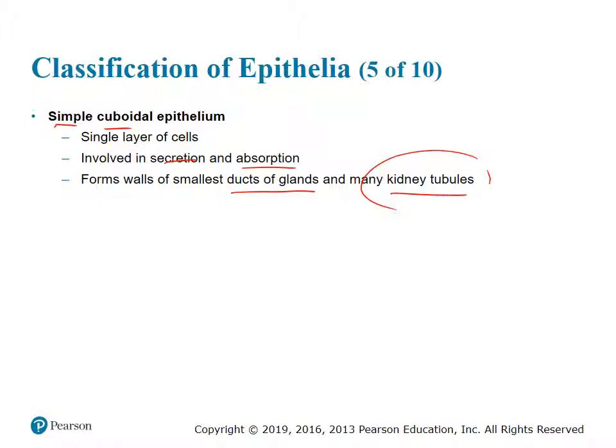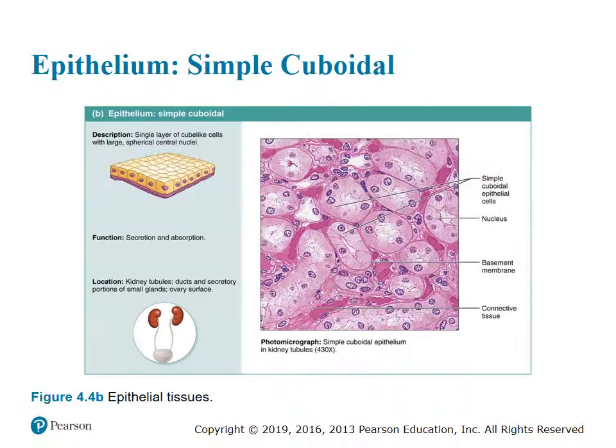The waste goes from the bloodstream into the kidneys and then through these cube-like cells, and that becomes urine. Lining what we call the tubules, which are basically little tubes in the kidneys, are a bunch of these simple cuboidal cells. That's all they do. That's what you need to know as far as function.